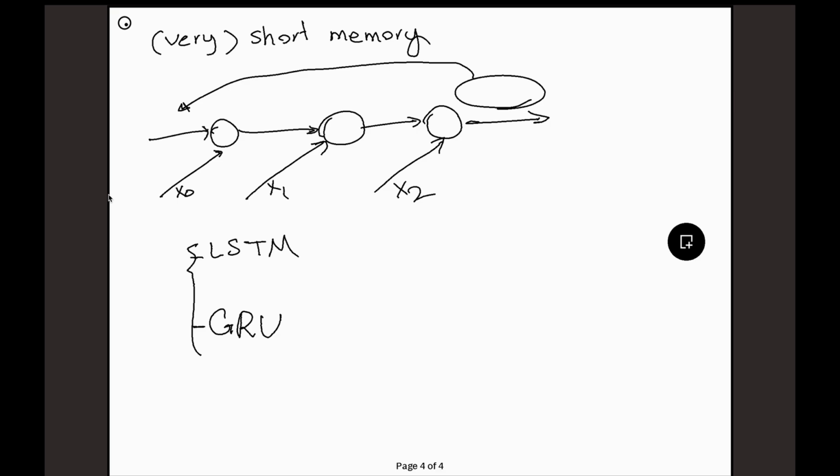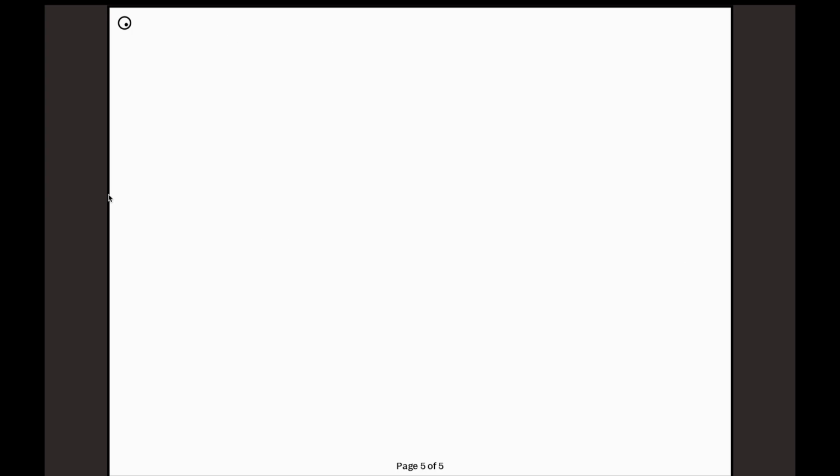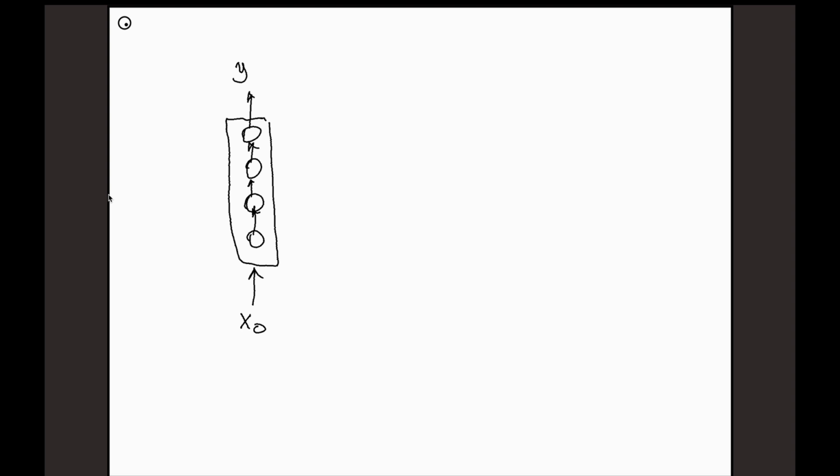Lastly, what I want to discuss is deep recurrent neural networks, by which I mean, imagine you are inputting some inputs and then you have more than one layer here. So you have layers like this, going through each other, and then they produce, let's say, y hat 0. Let's call it h0, and this is h0 prime.